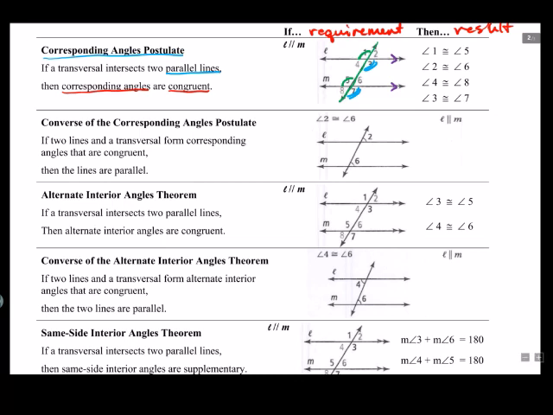Now we have the converse of the corresponding angles postulate. Remember what converse means? We just flip our if and then statements.